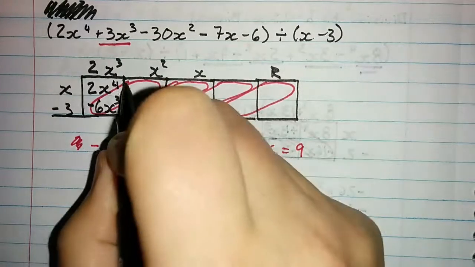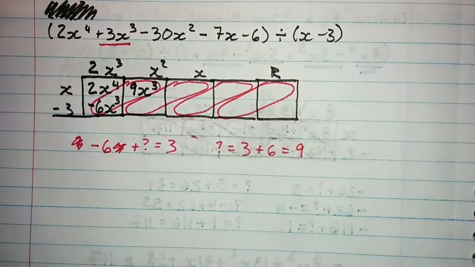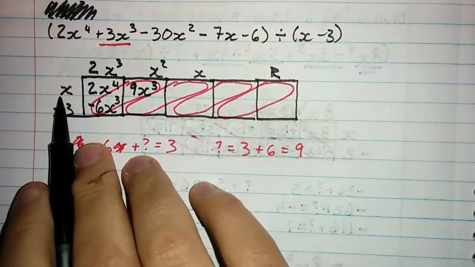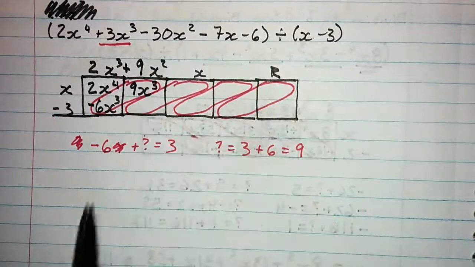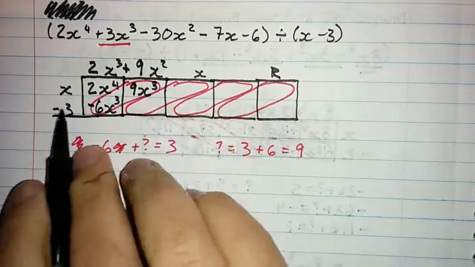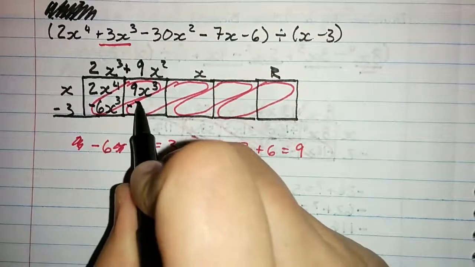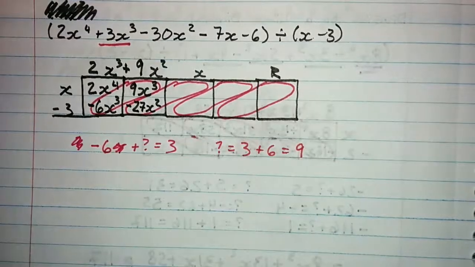So I'll have 9x cubed here. What will I need to multiply my x by to get 9x cubed? It's going to have to be 9x squared. 9x squared times negative 3 is negative 27x squared.